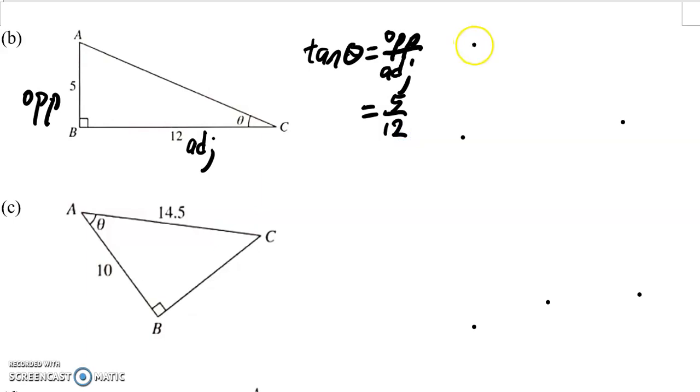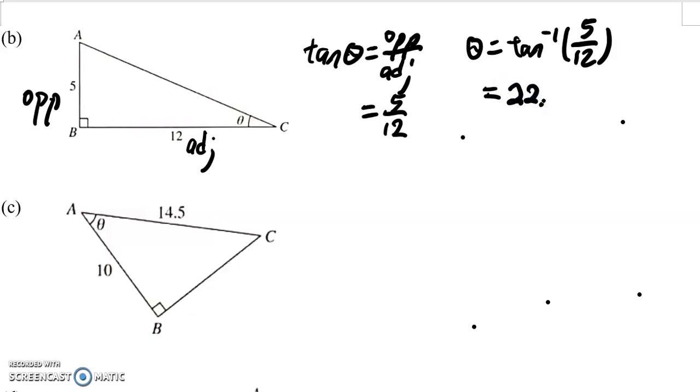So for us to find angle theta, all we need to do now is use arctangent 5 over 12. This gives us 22.619 degrees, which is equivalent to 22.6 degrees given in 3 significant figures.